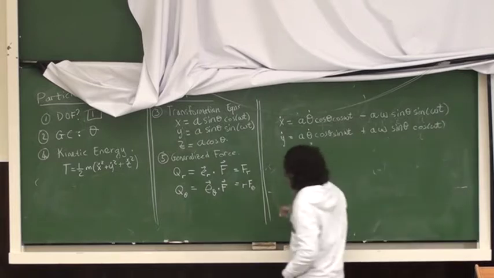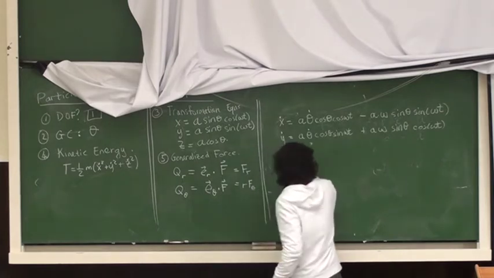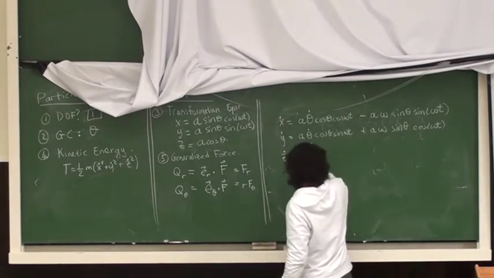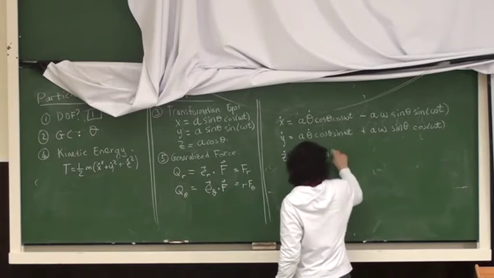Right, that's correct. And z dot, in this case we only have one time dependent thing, so it's quite easy. Simply equal to minus a theta dot sine theta.